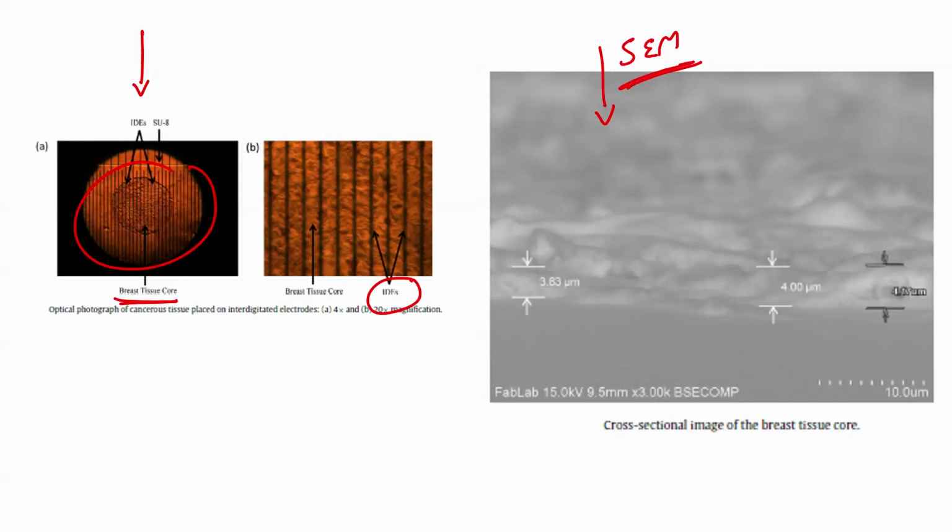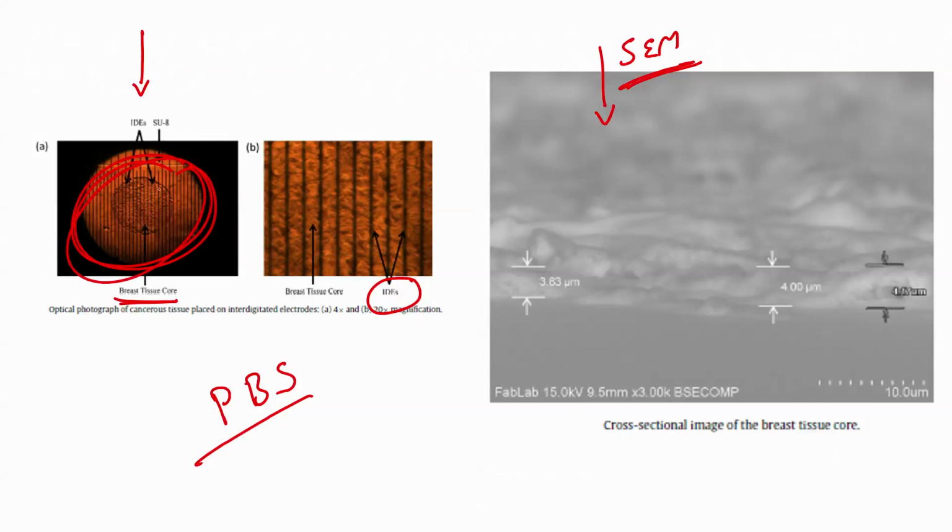So, what will we do now? Once we place the breast tissue core, to keep it in an intact position, we have to load something called PBS, phosphate buffer saline, alright, so that the tissue is preserved.